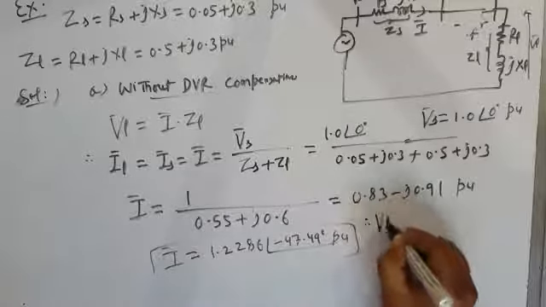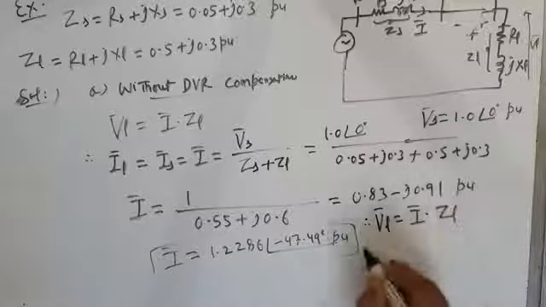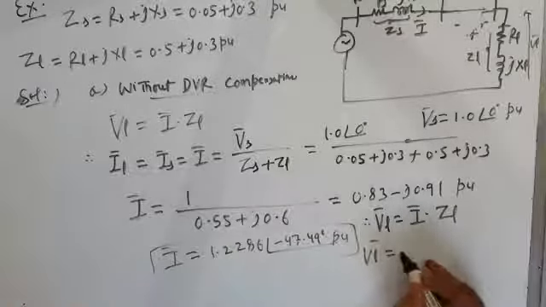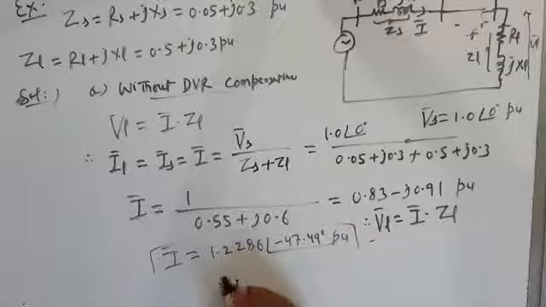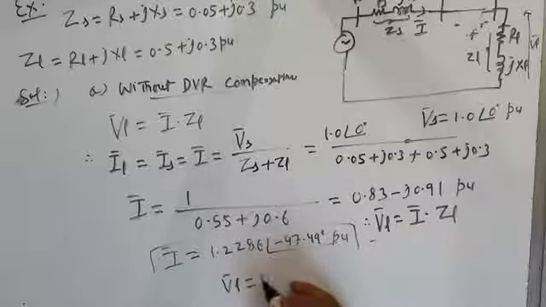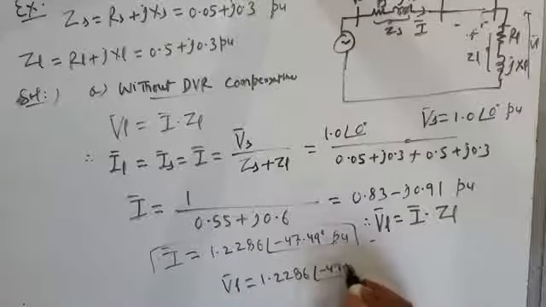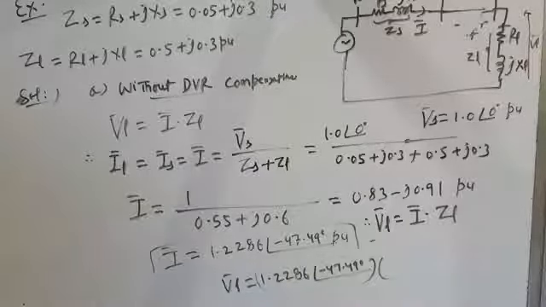So load voltage is current into load impedance: 1.2286 at an angle of -47.49 degrees into load impedance.